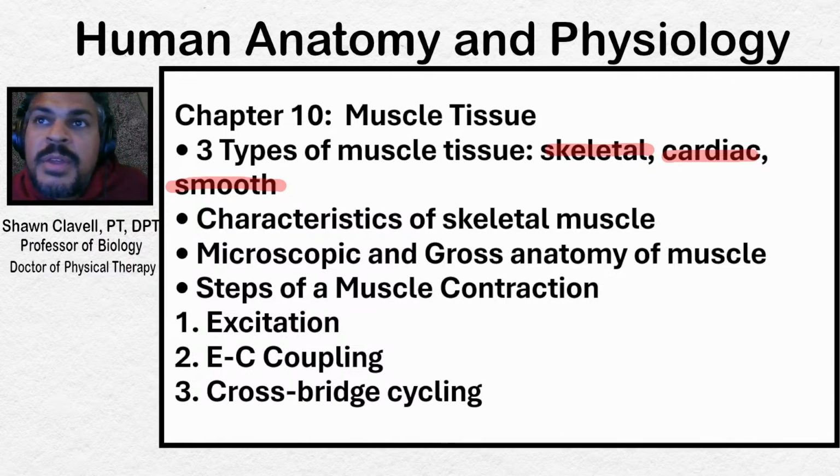When we talk about the characteristics of skeletal muscle, I'm talking about things like, let's start from the top here, irritability, which is the ability to respond to a stimulus. Contractility is the ability to create force. The muscle contracts and creates force.